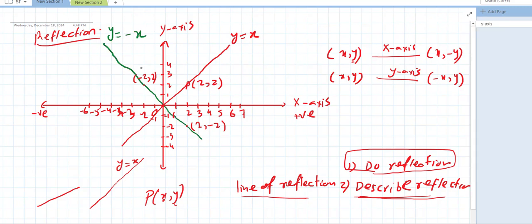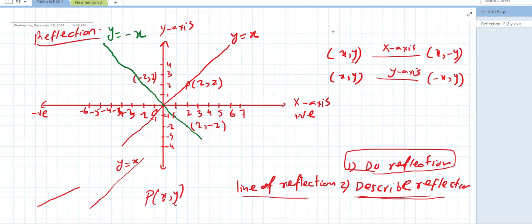What if the situation is like that? Usually we say y is equal to x. You can say x is equal to y, but this you cannot say x is equal to y. Y is equal to minus x. What is the reason for that? When we take coordinate geometry, you will learn about that.